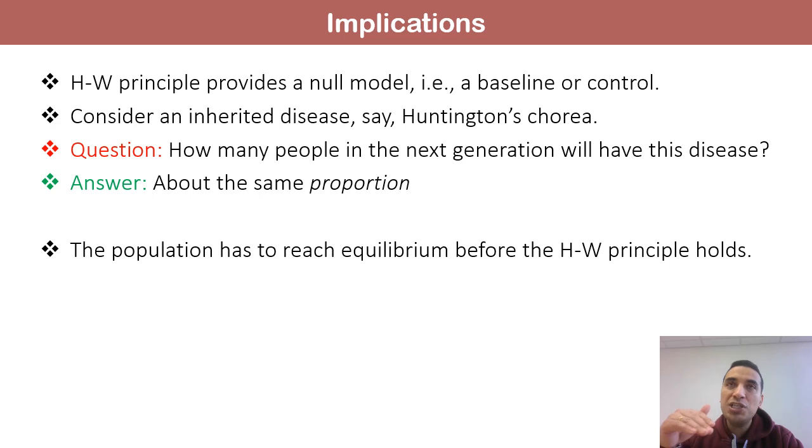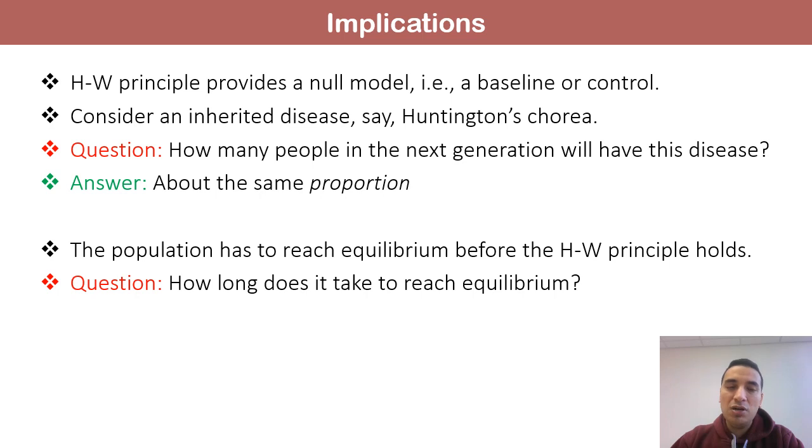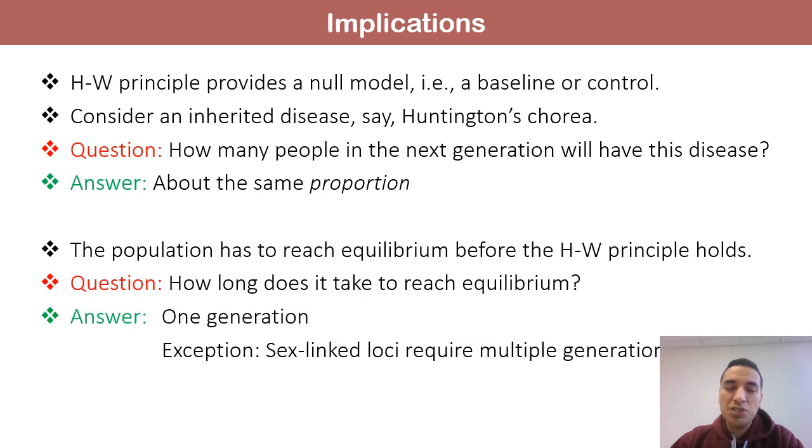So it has to reach equilibrium. In the very first part, there is no equilibrium, but as soon as one generation passes, we will reach Hardy-Weinberg equilibrium. Okay, so how long does it take to reach equilibrium? One generation, except for sex-linked loci, which might require multiple generations, but we don't need to worry about that too much at this point.